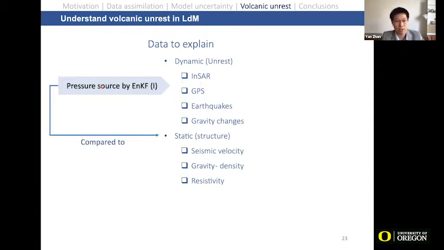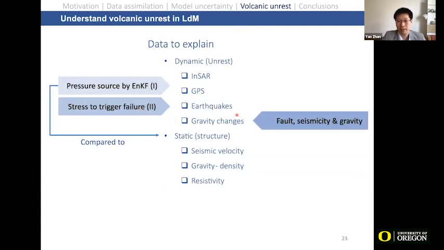Then this pressure source can be compared to the other geophysical observations. With the pressure source, we are going to calculate the stress we introduced in the second part to see if we can explain earthquake, gravity change, and some other observations. Finally, with those observations, I want to understand whether or not this system is going to erupt.